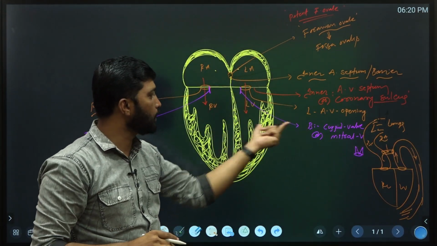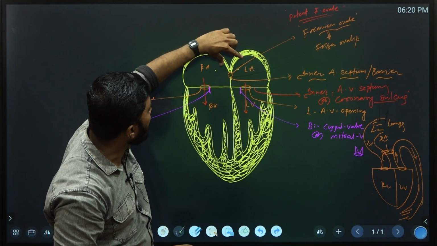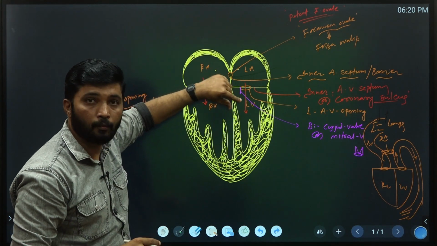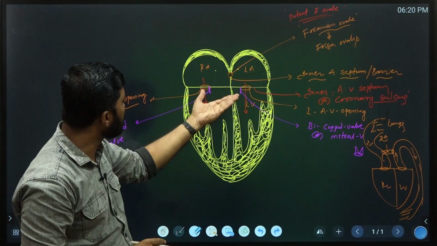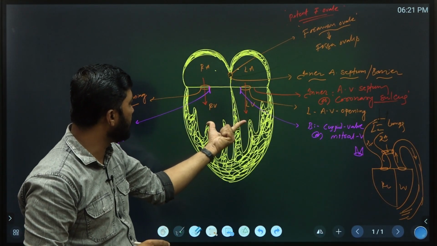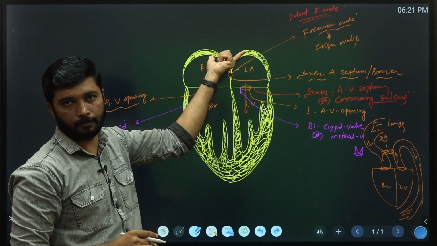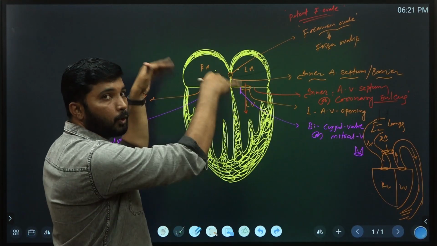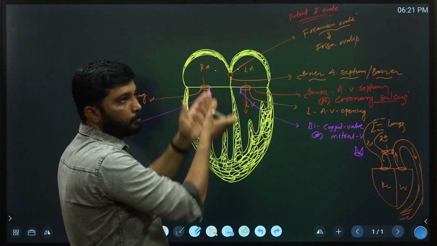That is the valve function, preventing backflow. During atrial systole, atrial blood enters the ventricles because the valve opens. During ventricular systole, the ventricular blood does not go back into the atria because the valve gets closed.